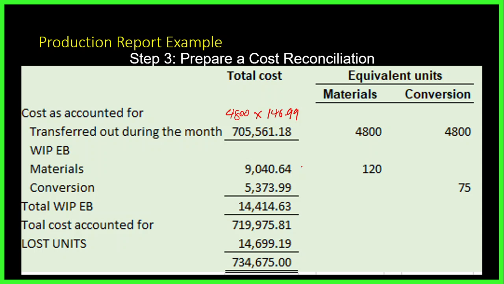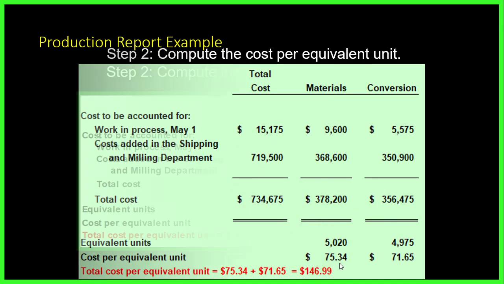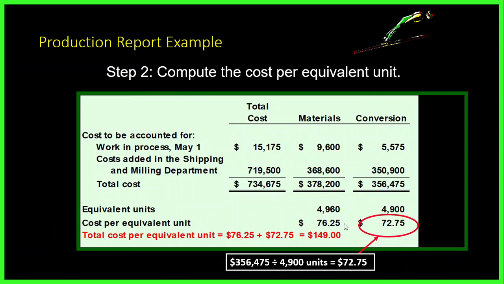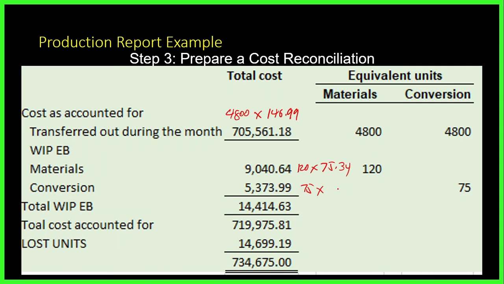This is 120 times, what was the cost of our materials earlier? 75.34. And this one will be 75 times, what's this? 71.65.